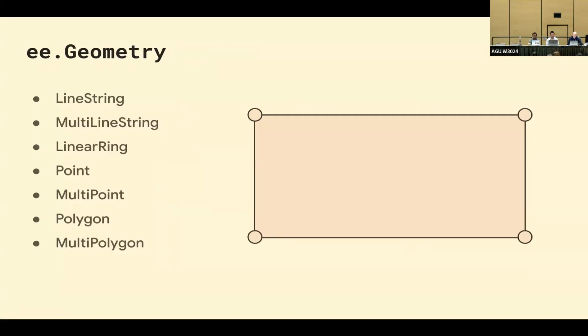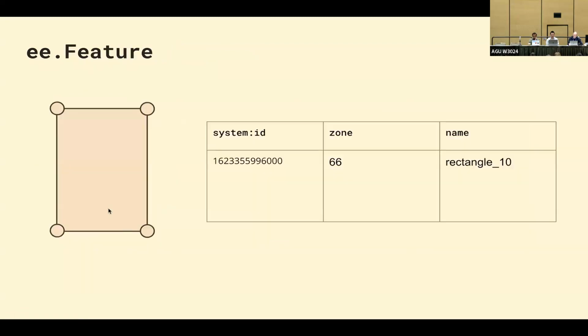And then with the geometries, we have different subtypes of geometries, all of them listed here. These are specified from the GeoJSON specs. And so a feature, of course, has a geometry, and then it also has information metadata attached to it.